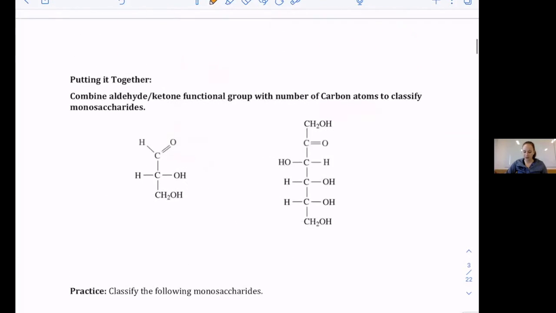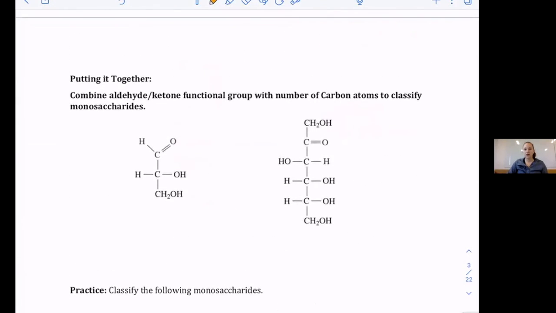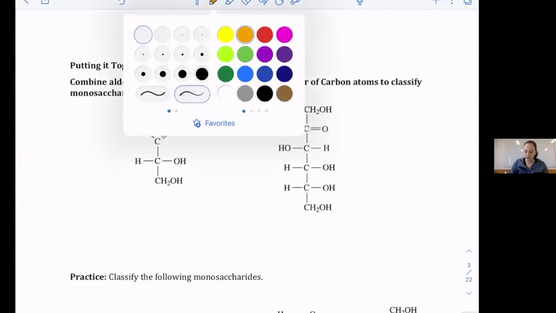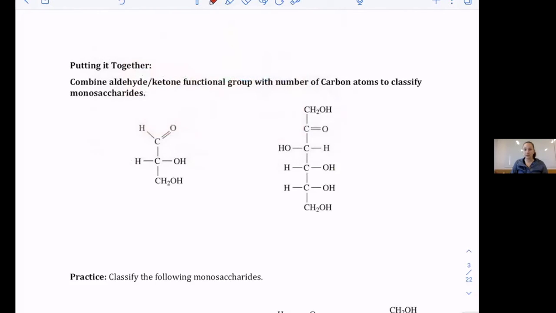So specifically how we put this all together: we need a singular name to determine whether they're aldehyde or ketone based, and also how many carbon atoms they have. So let's put it all together and classify these sugars. I'm going to start with what kind of sugar it is. I like to put a square around the particular type of carbonyl functional group that's in there.